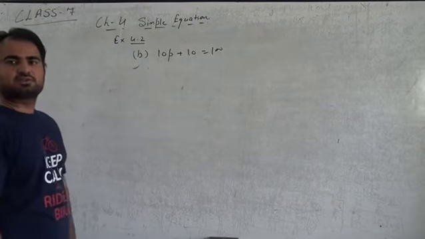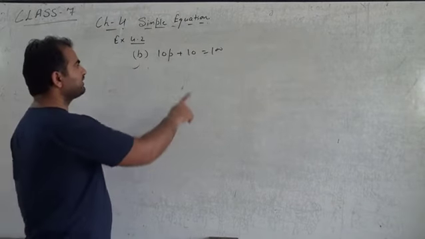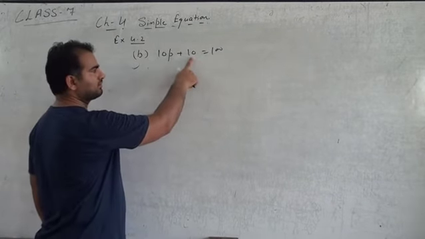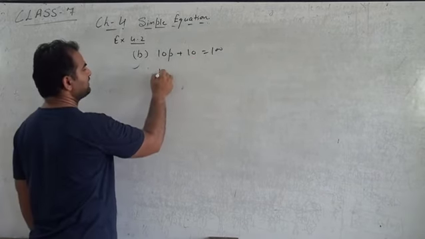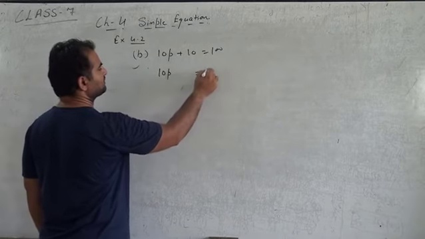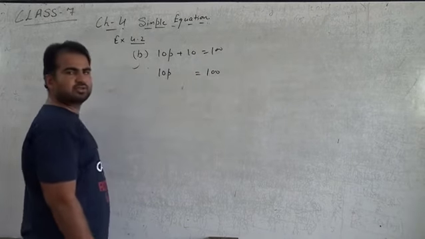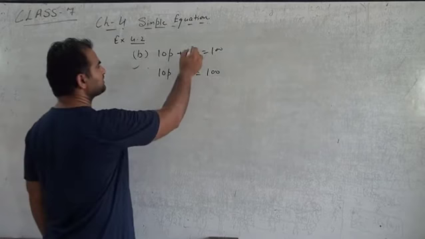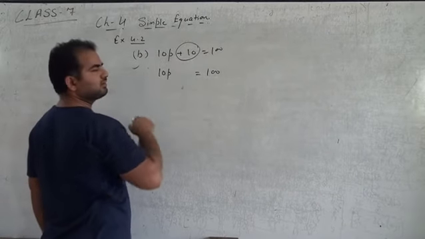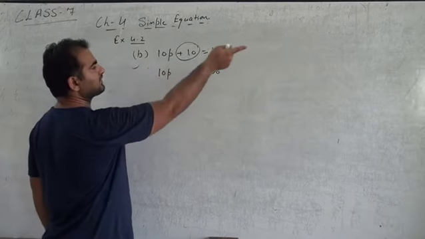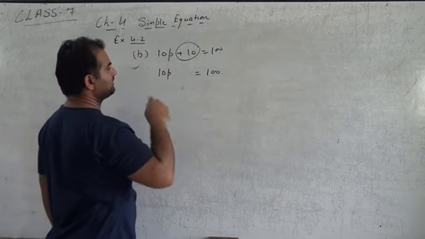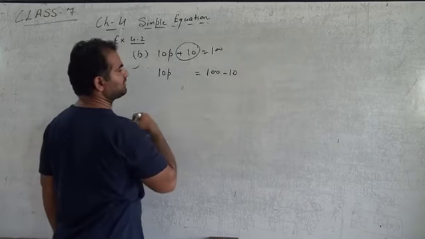Okay. So first of all, we have to get rid of this 10 because it doesn't contain any variable. So it will be 10p equals 100, which was already there, and this 10 is being added on the left hand side. We will transfer it to the right hand side. So it will be 100 minus 10.